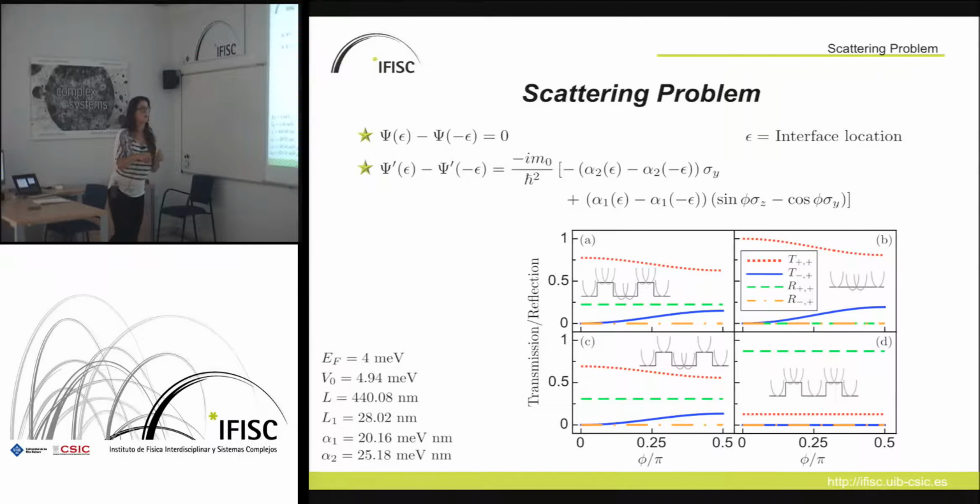And finally, if we only remove the Rashba field in the center region, we observe that the different transmission and reflection probabilities are independent of the polarization angle. This tells us that all this behavior is due to the Rashba field in the center region.